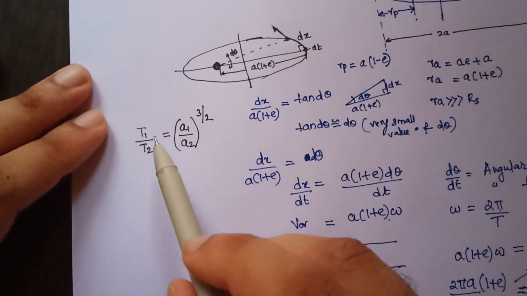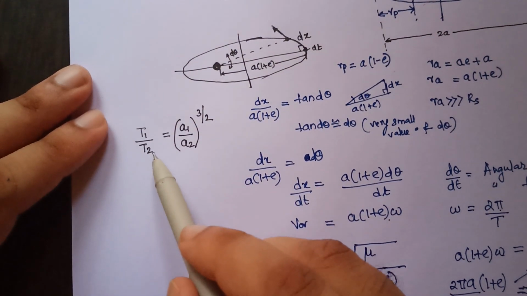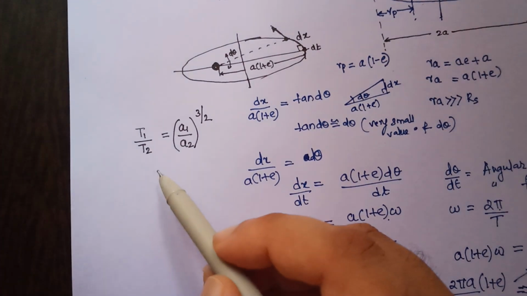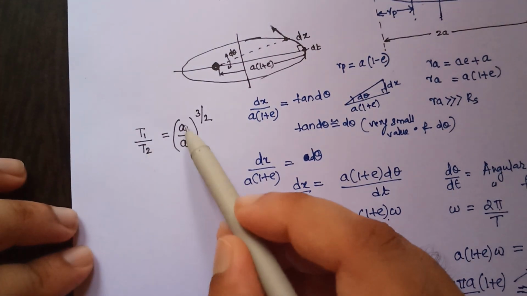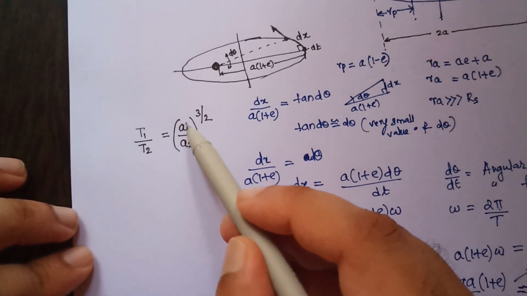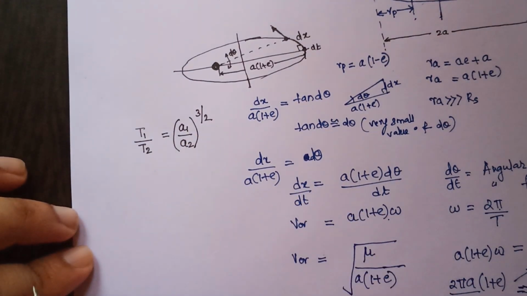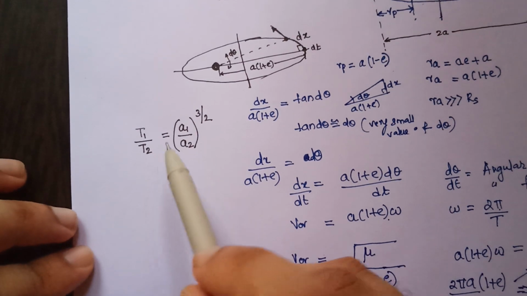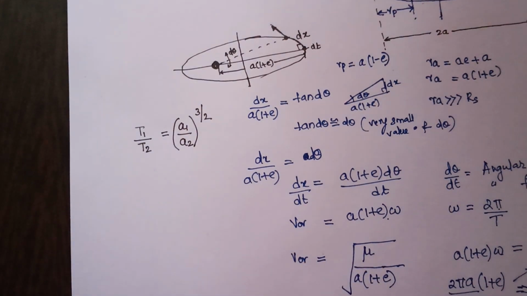Similarly, if we don't know the orbital time period of the second planet, we can use the similar equation if we know the two positions where they are located. All this happens because of the law of periods, which was proposed by Johannes Kepler, and this is very useful work.